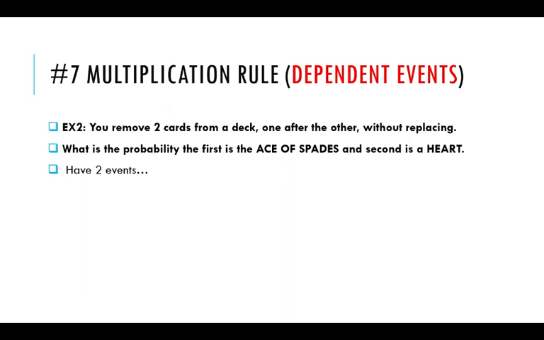So I have 2 events, right? A is ace of spades, B is heart. All right, so I have 2 different events, and do we agree they are not independent? The probability of getting an ace of spades, I can figure that out, but the probability of a heart when I've already drawn the ace of spades is going to impact the probability.